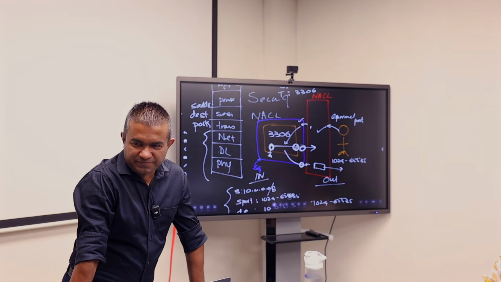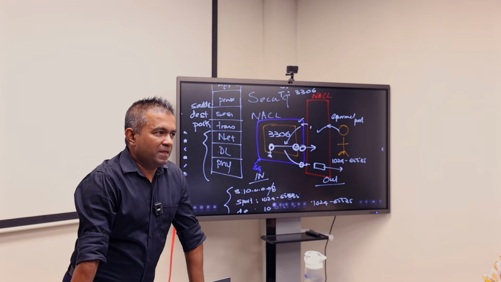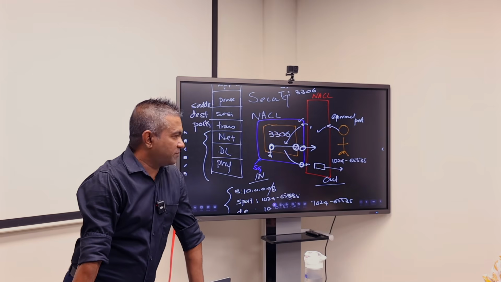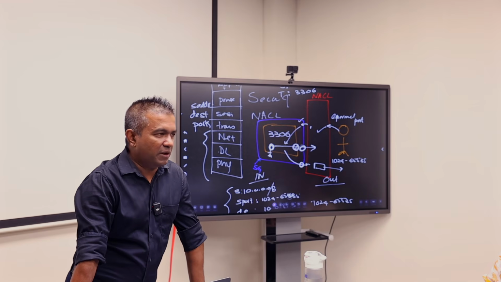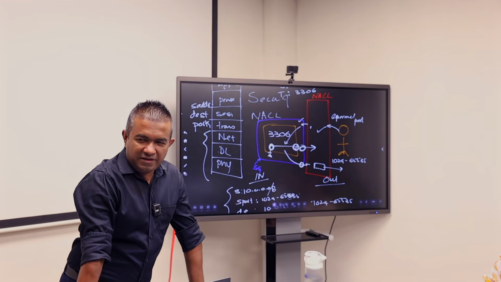Got it? Let's say when you put the vehicle in, they keep your number, right? So when you go out, they check the number. Okay, this came in the morning, so they explicitly allow you to go. If you change the number plate, when you try to go out, you cannot go, right? Why can't you go? Because there is no inbound connection.